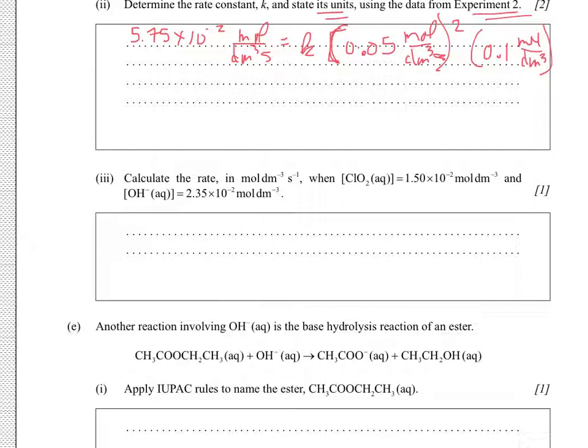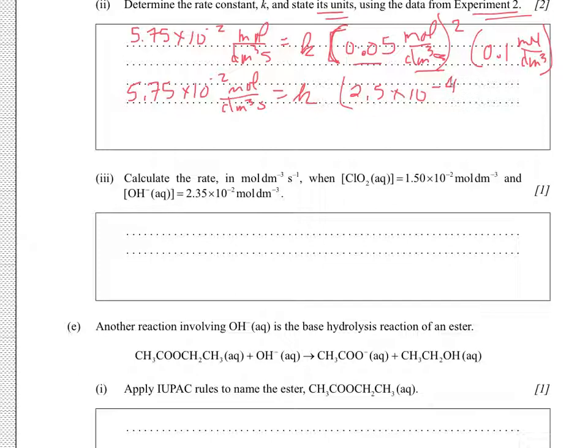Remember that you have to square everything in that, so I will get 5.75 times 10 to the negative 2 moles per decimeter cubed second equal to K times, if I take 0.05 squared times 0.1, I'll get 2.5 times 10 to the negative fourth.